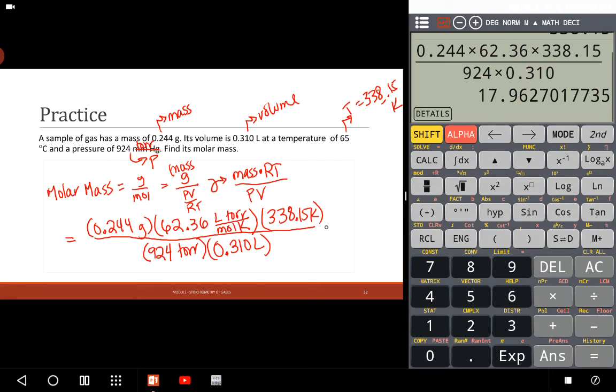And so our molar mass is 17.96. I need 3 significant figures, so that's going to round up. And so that's going to be 18.0 grams per mole. That's my molar mass.